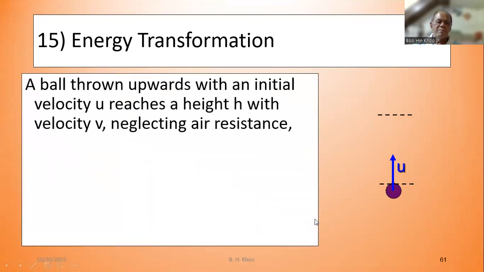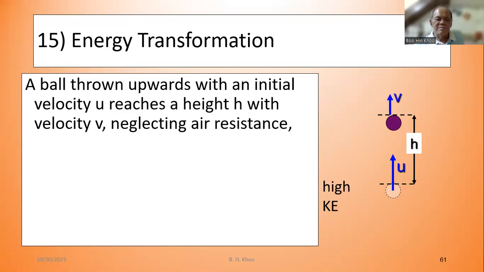Transformation of energy: a ball is thrown upwards with an initial velocity u, that's the initial velocity, and reaches a height h with a velocity v, neglecting air resistance. Okay, so you move up to that height, that's your h. Then you reach velocity v. Right? Here is high kinetic energy. So there's a loss in kinetic energy, low kinetic energy.